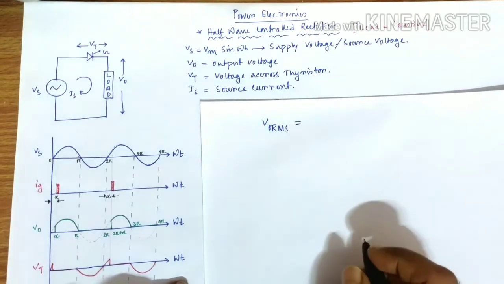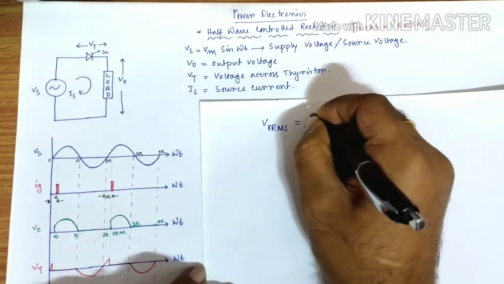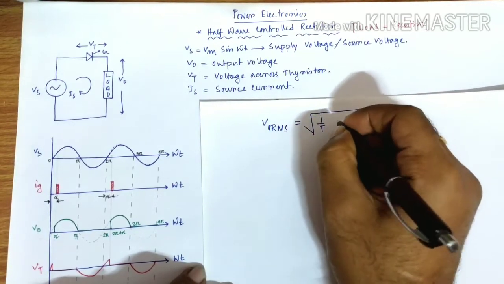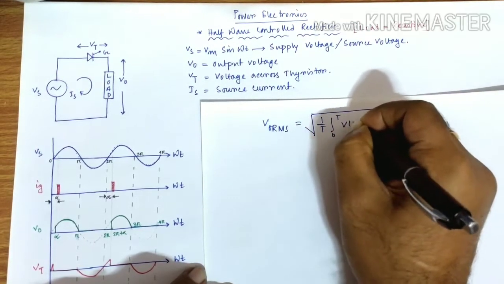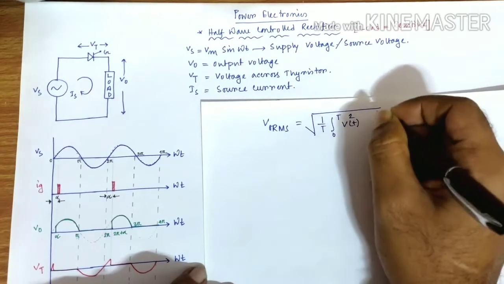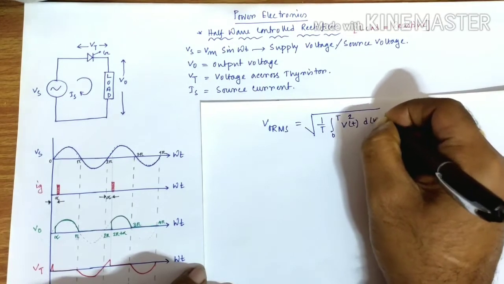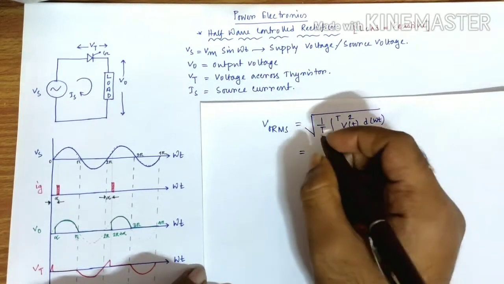So once again, as per the definition, the equation becomes 1 by T integration 0 to T Vt square d of omega t.